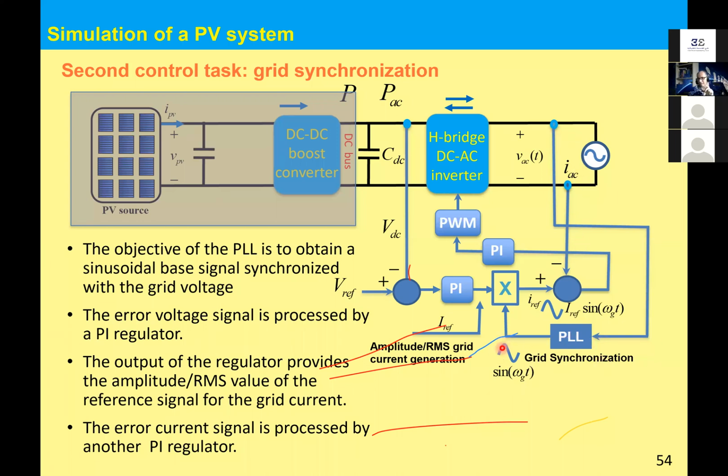This is multiplied by the amplitude reference to give you the grid current reference. The PLL is only to get this sinusoidal signal which is in phase with the grid voltage. Okay, that's clear. Thank you, Doctor.